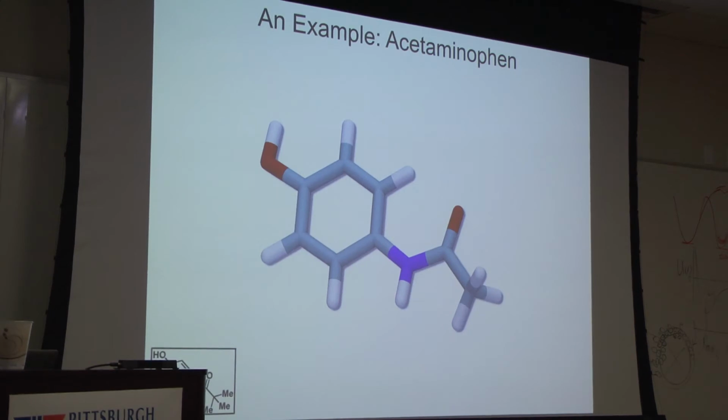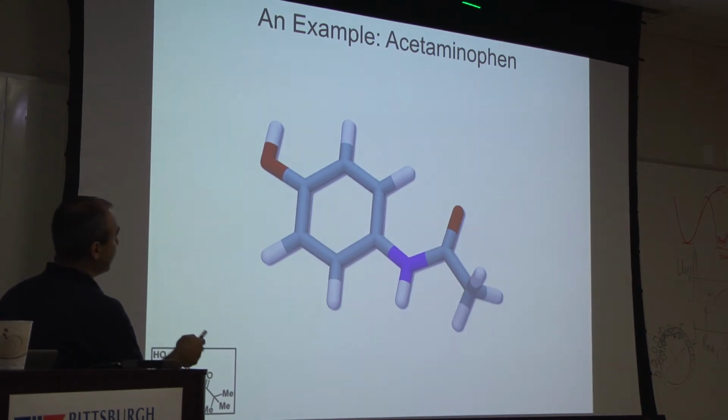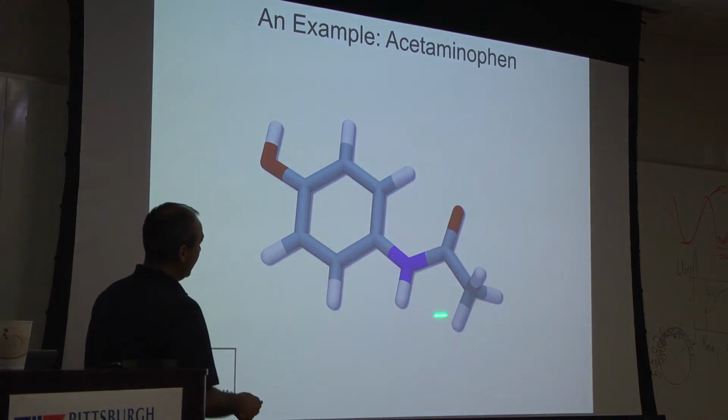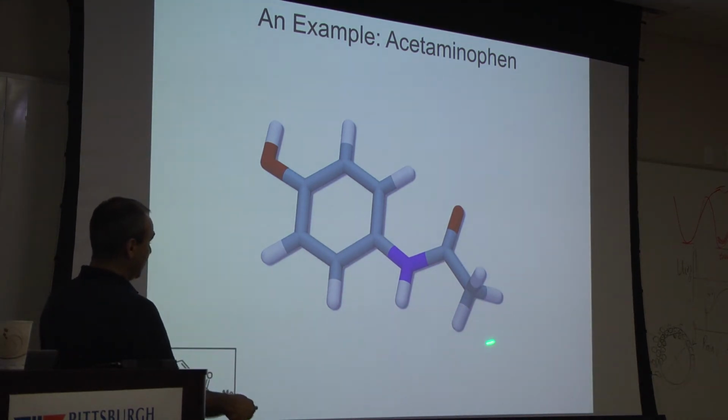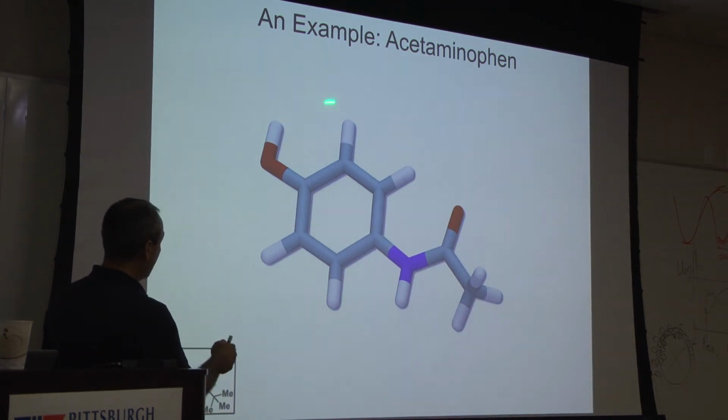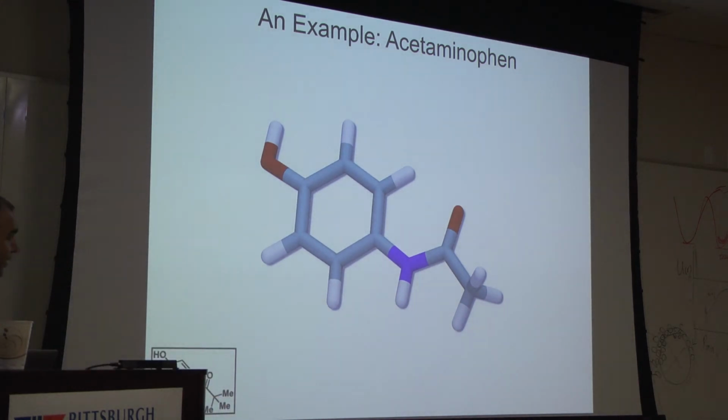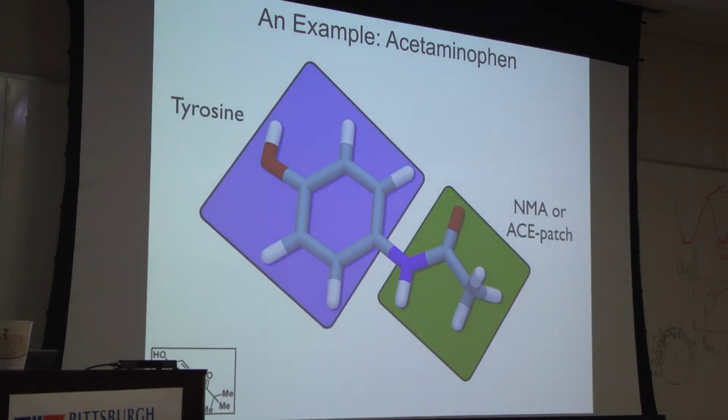So let's say this is a good example of a drug, acetaminophen, Tylenol, right? So you have a drug, and you might see how to put together the parameter set for it.